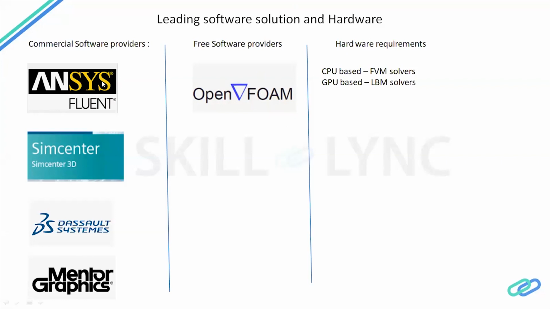And these ANSYS, Siemens, Dassault Systèmes, Mentor Graphics are all CPU based software. So these are called FVM solvers, that is, finite volume methods. These will come in once the course sessions start. And some of the solvers are used with graphical processing units, where they use Lagrange lattice Boltzmann methods.